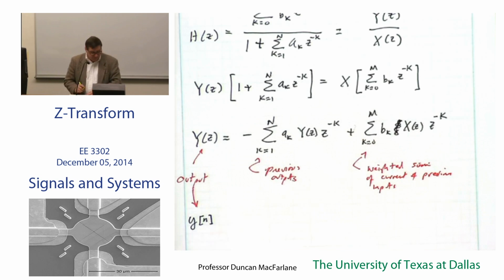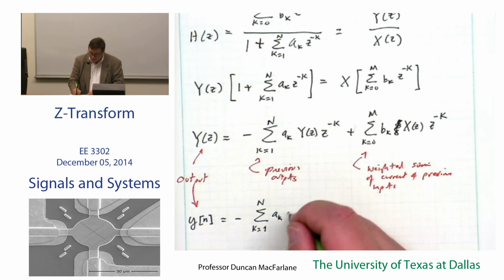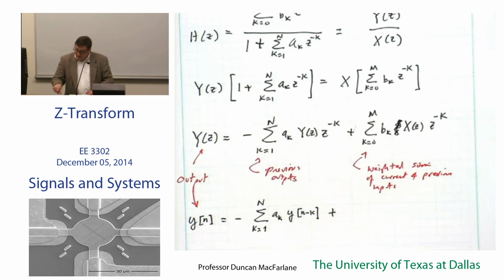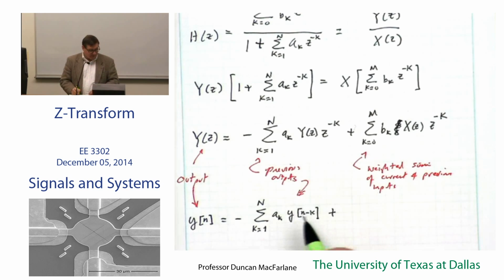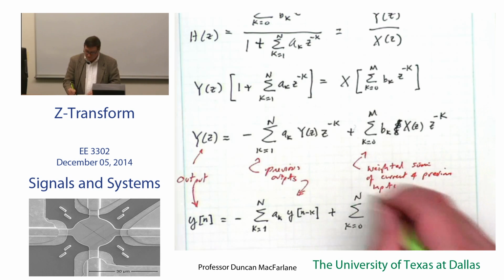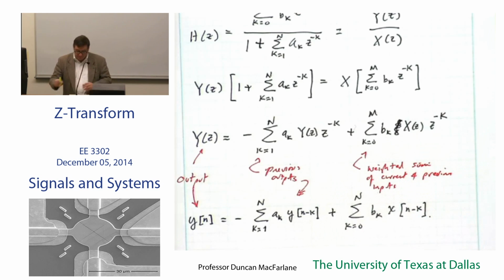My z to the minus k's tell me how to place my delta functions. So I go back to the time domain.